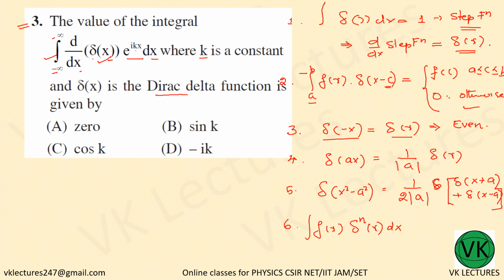Delta n of x is nothing but the nth derivative of the function delta, which is equal to minus 1 to the power n times integral first derivative of the function f into delta of n minus 1 times x, which means the n minus 1th derivative of the delta, into dx. Okay, now coming to our question.